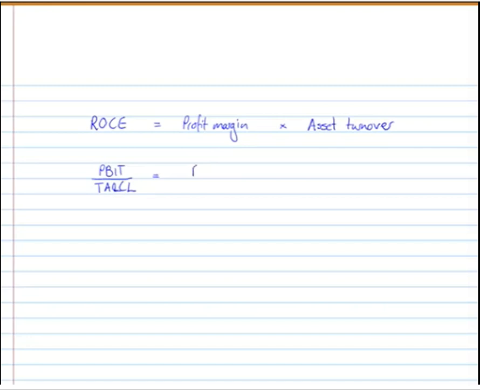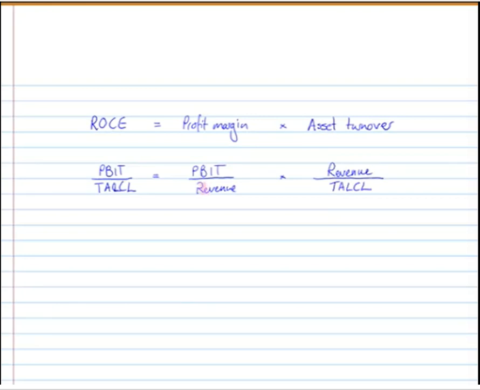We said PBIT over revenue multiplied by our asset turnover, revenue, over my total assets less current liabilities.